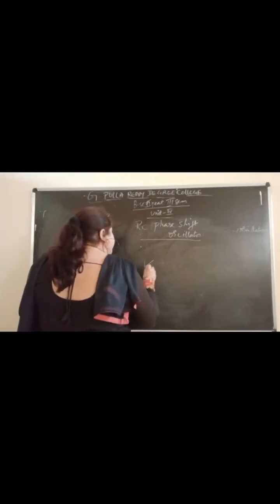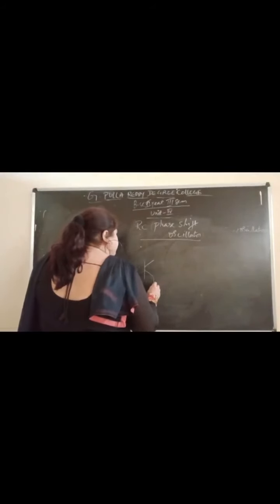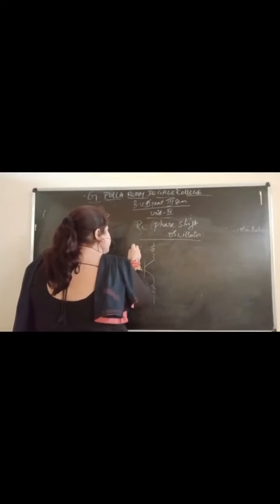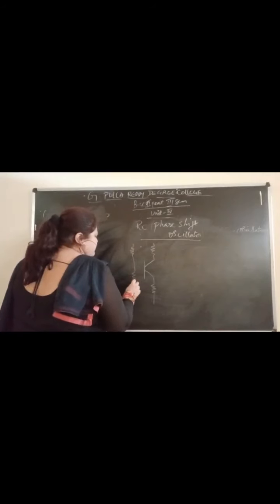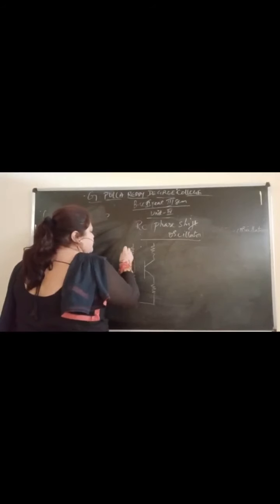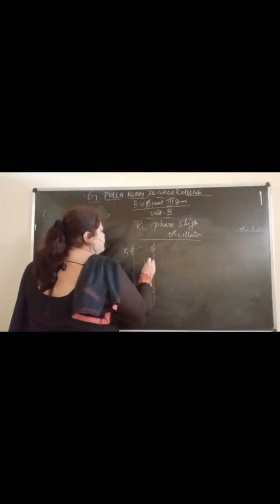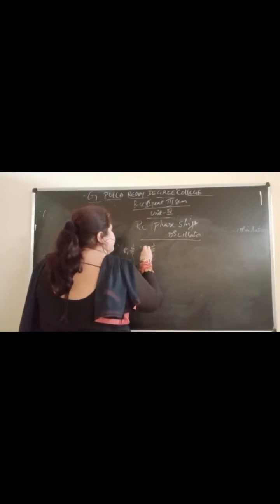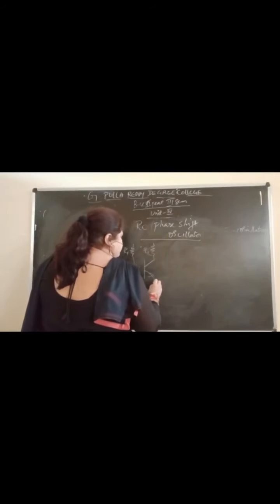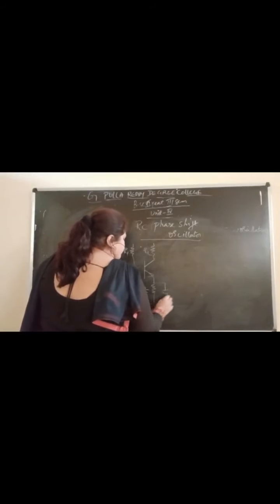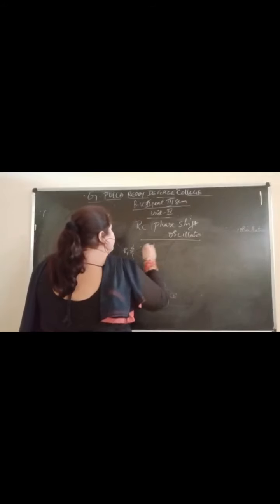First you should take one NPN transistor, then one resistor, here also one resistor, here also one resistor, and here also one resistor. This is R1, R2, RE, RL. Then here you have to draw CE.